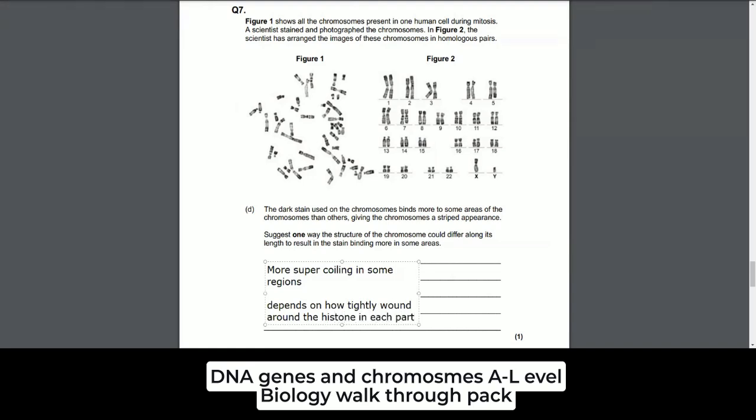So some parts of the chromosome may be wound more tightly around the histone, so you're getting more bases and it's more base dense in that region. Anything that's going to explain that. So there's more bases in certain parts of the chromosome because it's more tightly wound around the histone, or there's more coils, more supercoiling. Okay, let's zing on.